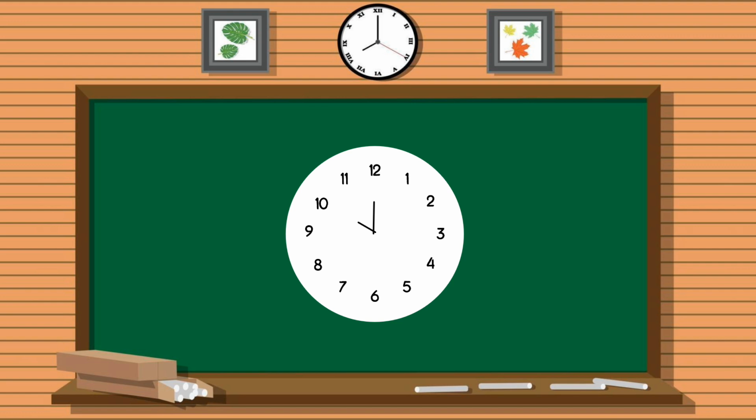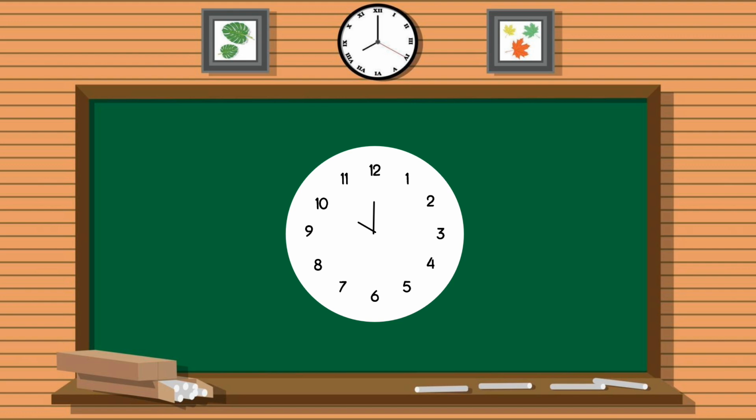Okay, class. Today, I am going to give another hour example. Now, look at the clock. It has 2 hands, right? The short hand tells us the hour, and the long hand tells us the minutes. Let's start with the long hand, which is the minute hand.